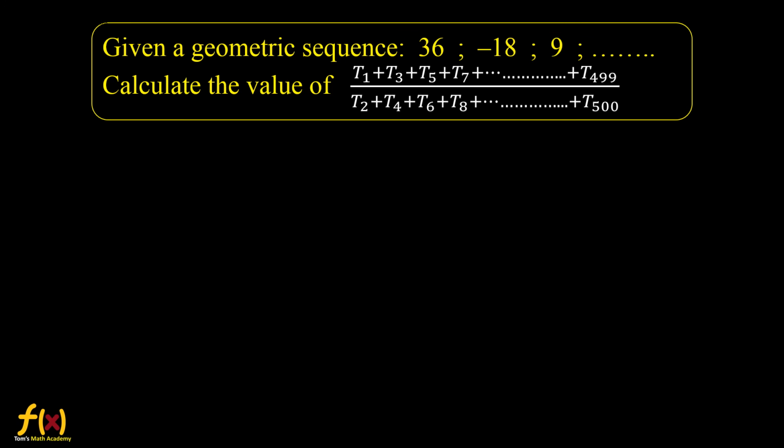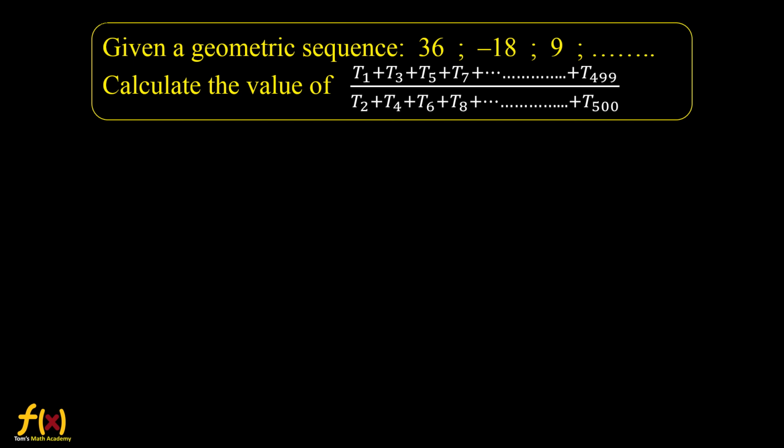Look at the beautiful question here. Given a geometric sequence 36, minus 18, 9, etc. Calculate the value of T1 plus T3 plus T5 plus T7, odd numbers up to T499, divided by T2 plus T4 plus T6, even numbers.